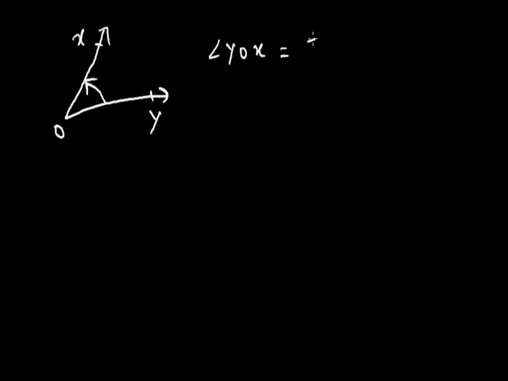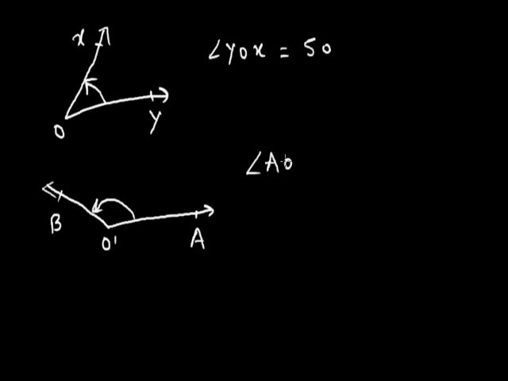For example, angle YOX, which is measured and is equal to 50 degree, and angle AO dash B, it is measured and is equal to 130 degree.